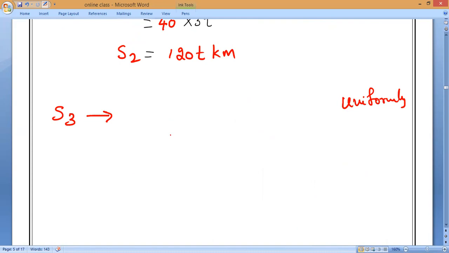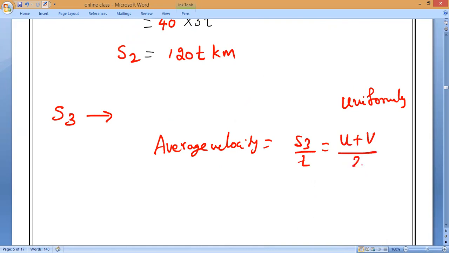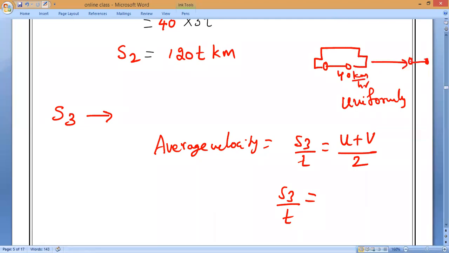So again, average velocity is equal to what? What is the formula? Average velocity is equal to S3 by time, which is equal to initial plus final velocity by 2. Decreasing means from 40 to 0. Finally it came to rest, so the final velocity is 0 kilometer per hour.